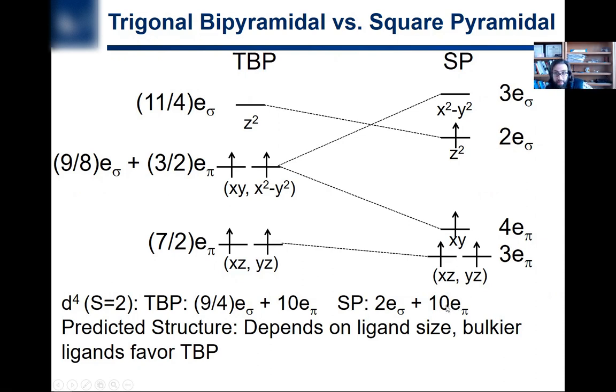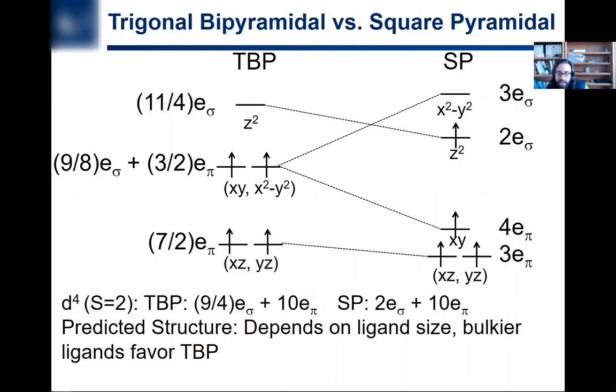So if you have a pi accepting or a pi donating ligand, doesn't matter. Because who cares if e pi is positive or negative? That's doing the same thing to both of these structures. But interestingly, effectively you're only 1/4 e sigma different here, right? And so that's very interesting. That 1/4 e sigma isn't that much.